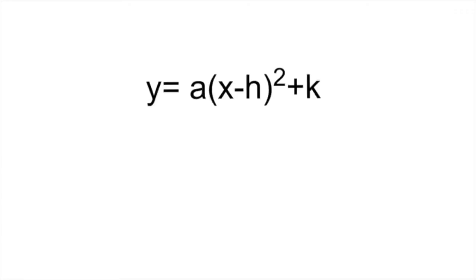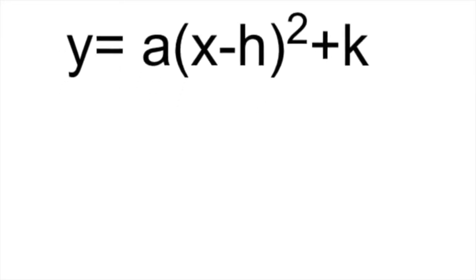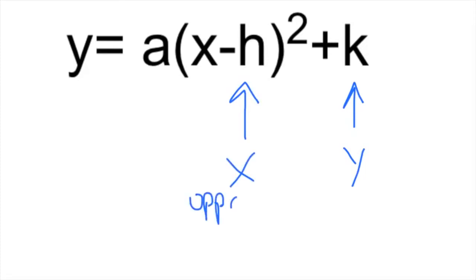So let's look at that vertex formula again. Here we go: y equals a times (x minus h) squared plus k. Now, we just said a second ago that our k value here is the y coordinate of our vertex. And we said that this value, our h value, was the x value, except it was opposite.